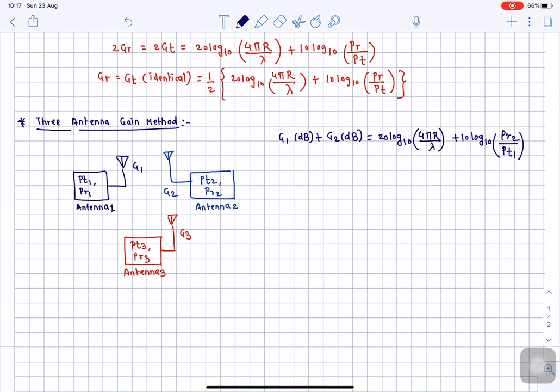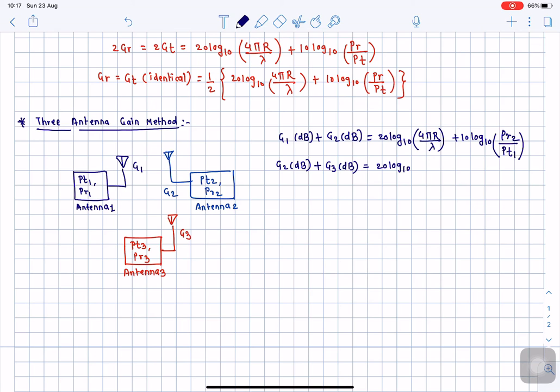Similarly, if we consider antenna number 2 and antenna number 3, then we can write this equation as the gain of the second antenna G2 in dB plus the gain of the third antenna G3 in dB, right? So this is equal to 20 log to the base 10, right? We are replacing the first antenna with the third antenna.